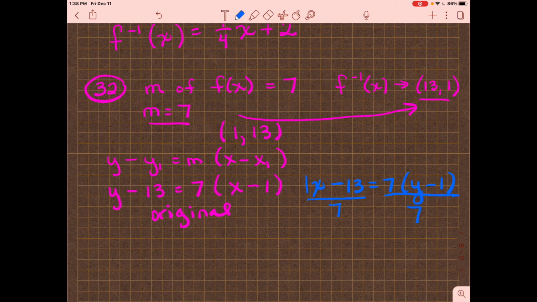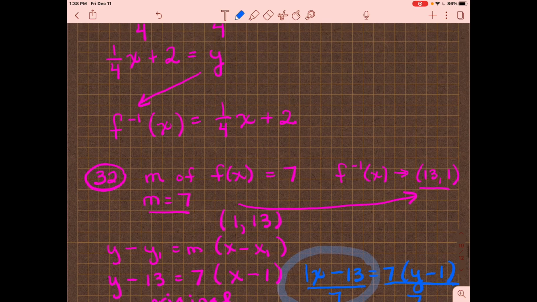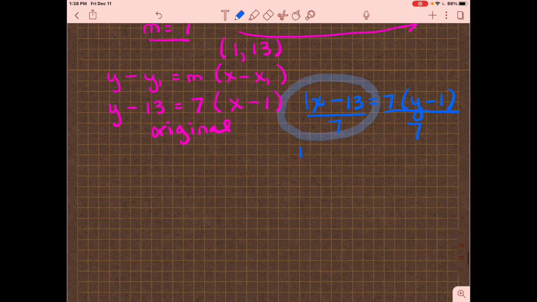And then be careful when you have these situations. We just have to do a little rewriting. This is 1/7 x minus 13 over 7. So see, that 7 has to go on the bottom of each piece. And that equals y minus 1.